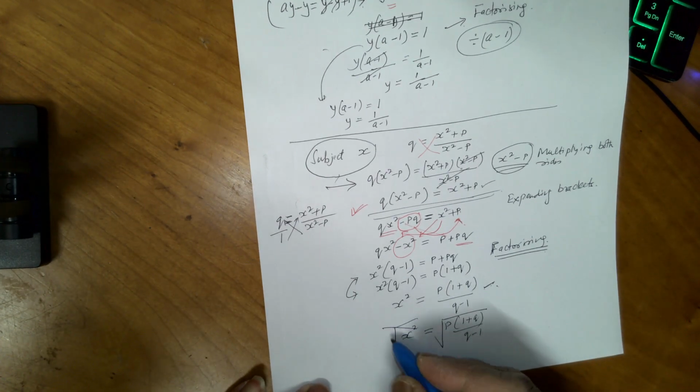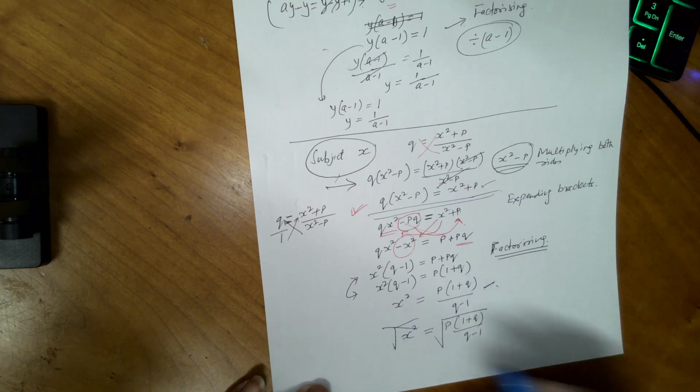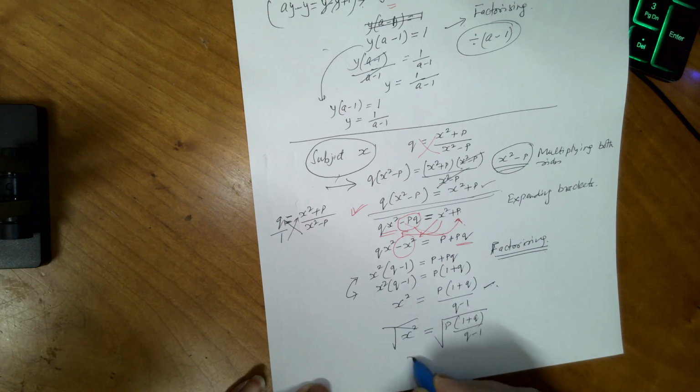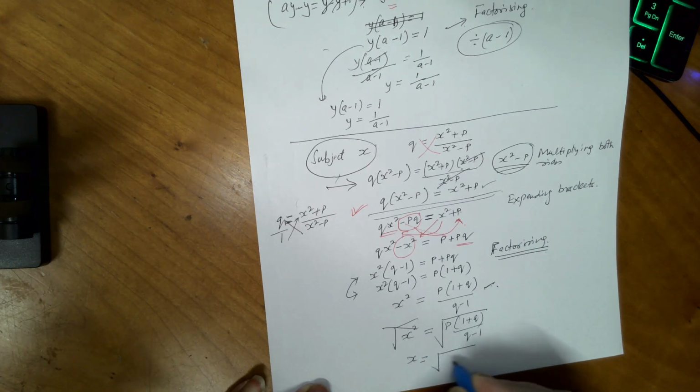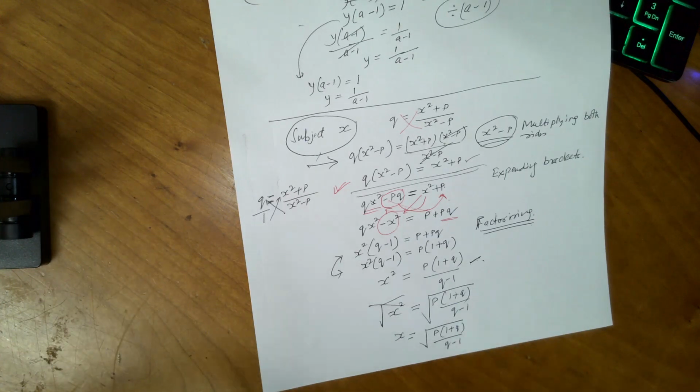Yeah, square root will cancel, and you will have x equal to the square root of 1 plus q over q minus 1. So this is what you will get then. I hope you understood that.